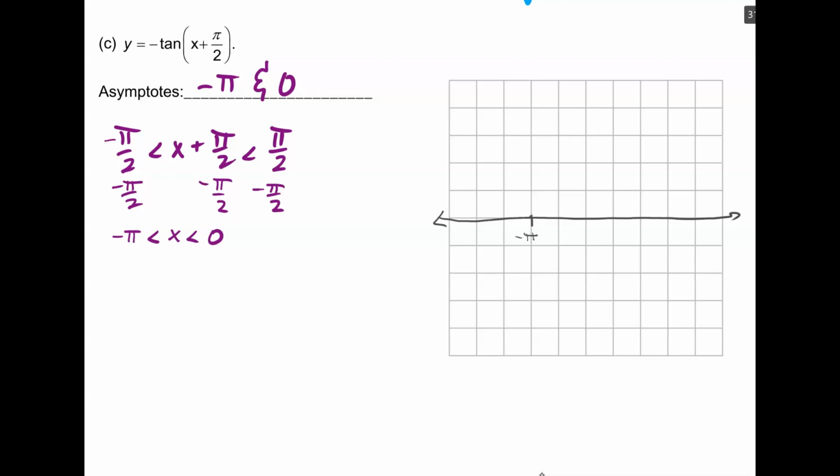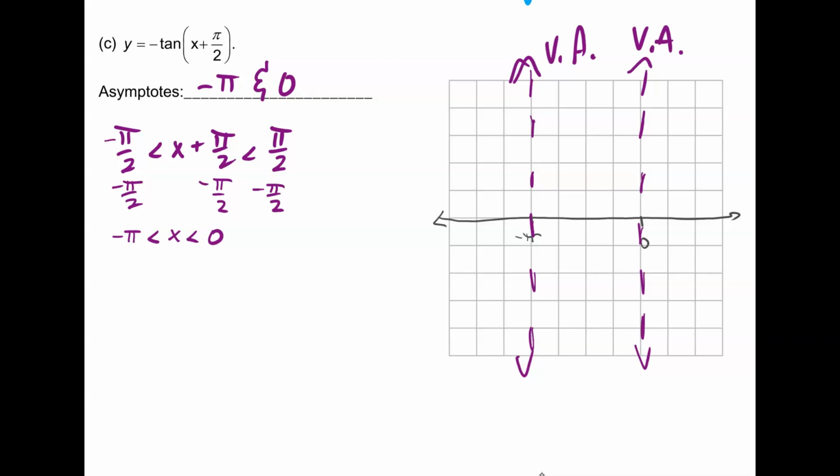All of this being negative pi and 0. Check. Okay. Found asymptotes, graph them, find the halfway point.